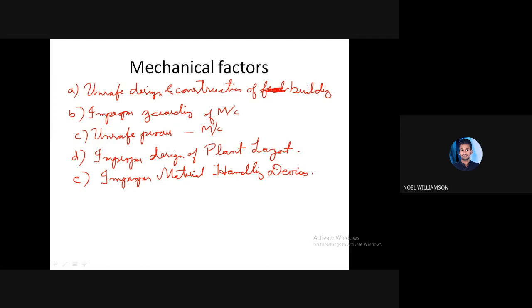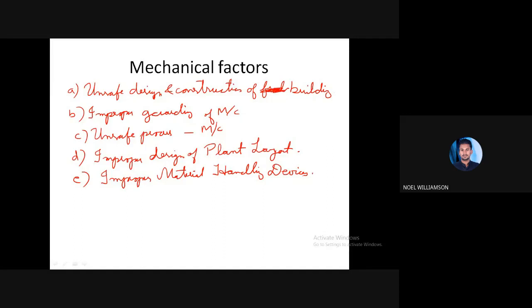For different applications there are different material handling devices, and each has its own capacity or capabilities. If it is not chosen properly, then it may create accidents. So that is the final thing, improper material handling devices. These are the main mechanical factors which come under the technical factors in the causes of industrial accidents.